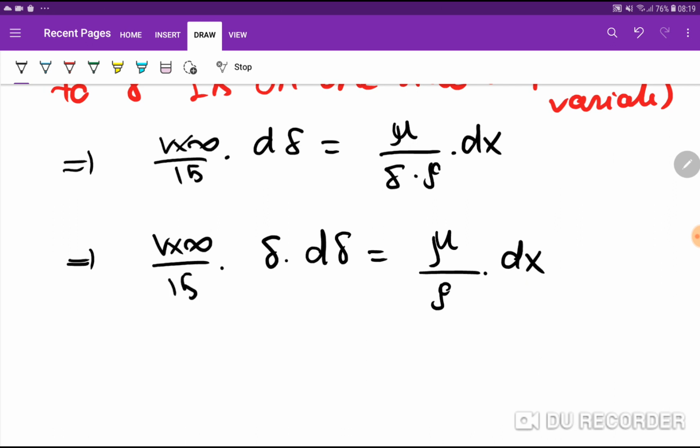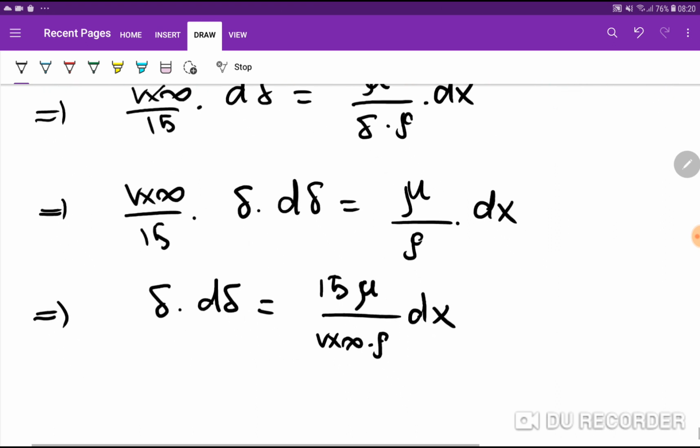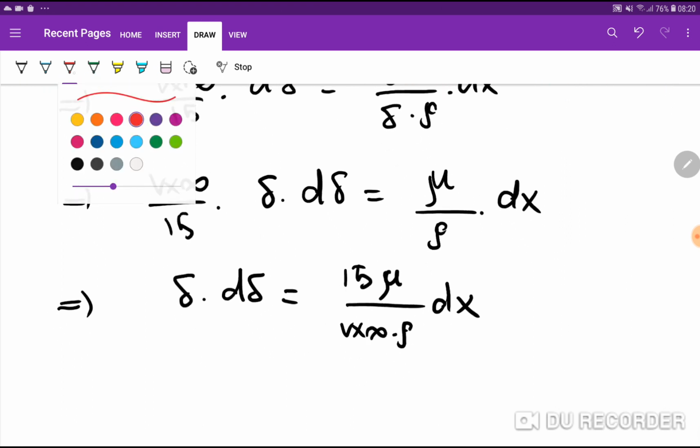Now to make it even nicer, I'm going to multiply by 15 over Vx infinity on both sides. So this becomes δ dδ equals 15 μ over Vx infinity times ρ dx. Now you have everything related to δ and dδ on one side.